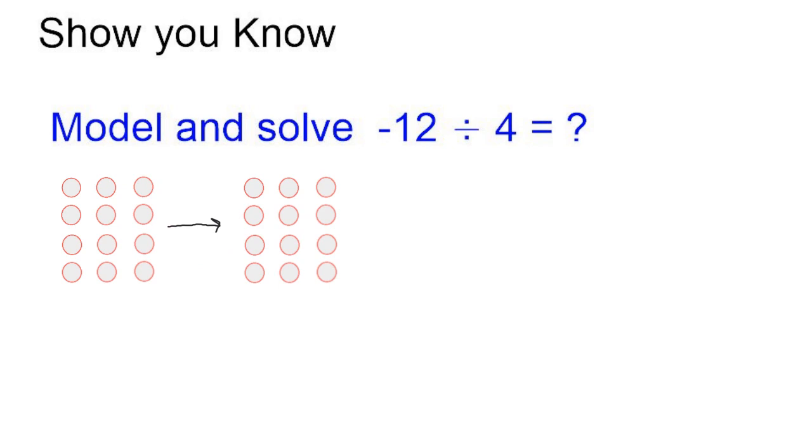All right. Since I am dividing a negative by a positive, that means my answer is going to be negative. So I'm going to split negative 12 into 4 even groups, and that will give me my answer.